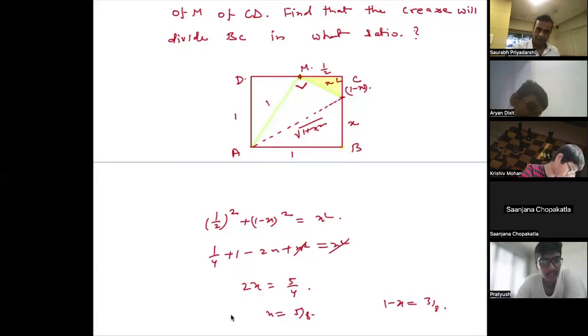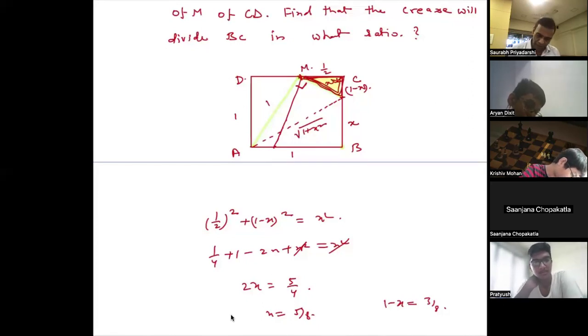Sir, in this, is it always that we'll fold from the edge of A? From anywhere you can fold, not necessarily from A. It may come from any of the angles, right? This is coming from this, then only I'm taking this triangle, that's the reason. It doesn't affect my positioning.